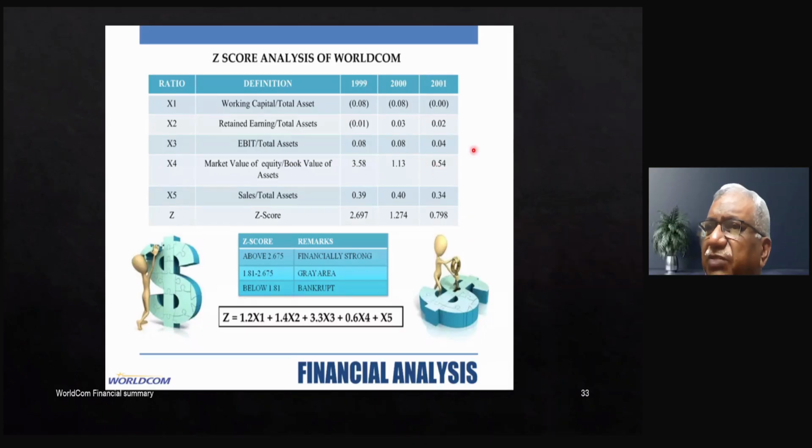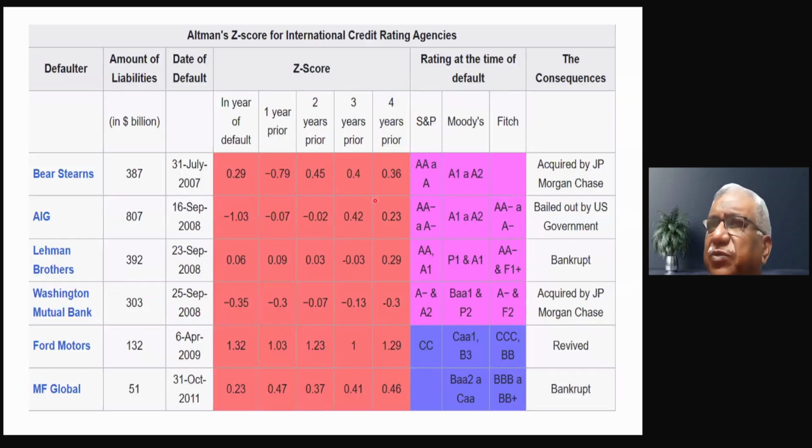So these are all the financial numbers from your annual reports or financial statements. If you work it out, I've taken this from the same story, from Wikipedia, and pasted it here. If you look at the year of default, 1 year before, 2 years before, etc., you got some big companies out here.